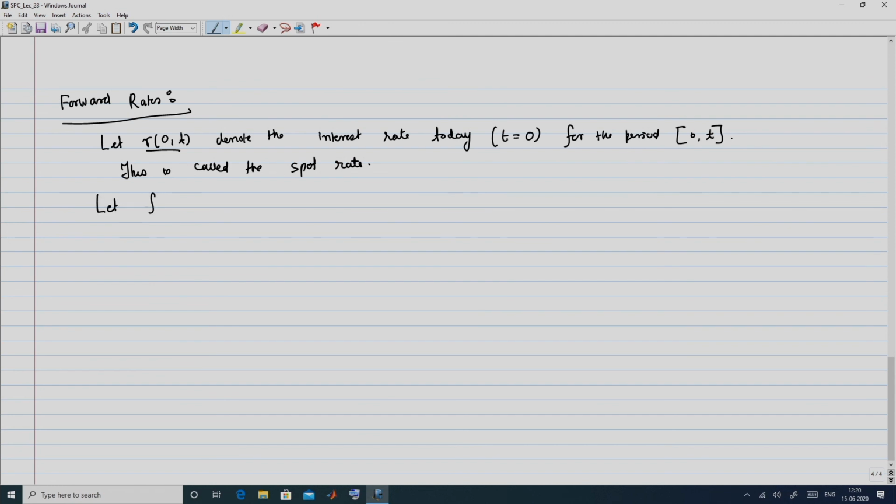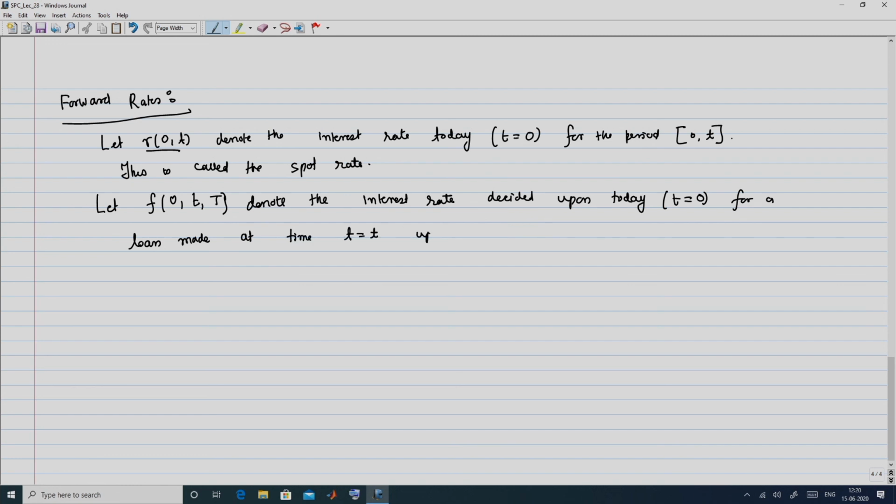Okay, let us introduce another notation. So, let F(0,t,T) denote the interest rate decided upon today, that is at t equal to 0, for a loan made at time t equal to little t up to time t equal to capital T, and this F(0,t,T) is called the forward rate.